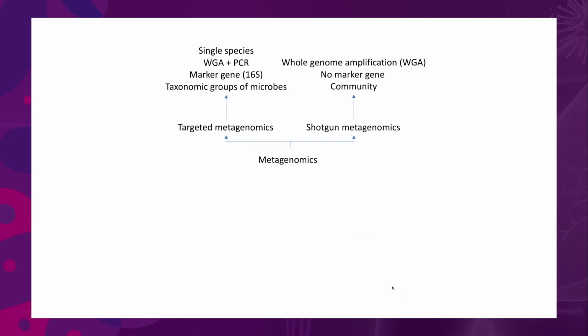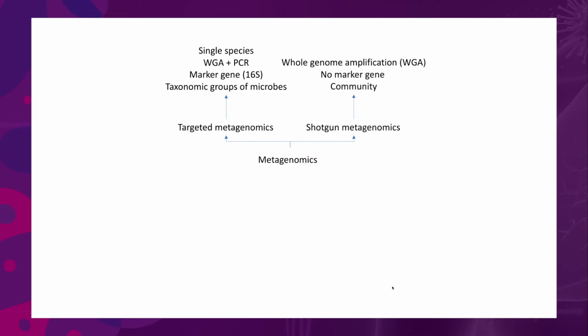So broadly, metagenomics is split into two groups. We have shotgun metagenomics and targeted metagenomics. The aim of shotgun metagenomics is to describe a microbial community. This means that we don't care about looking at specific components like the bacteria or the archaea or the viruses.